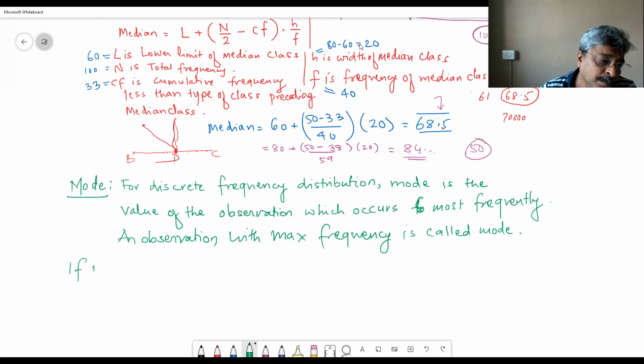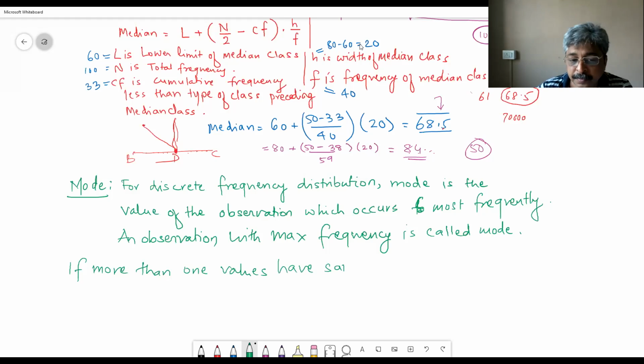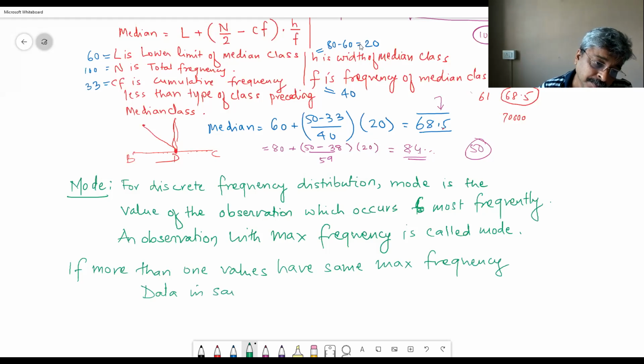If more than one value has the same maximum frequency, the data is said to be multimodal.